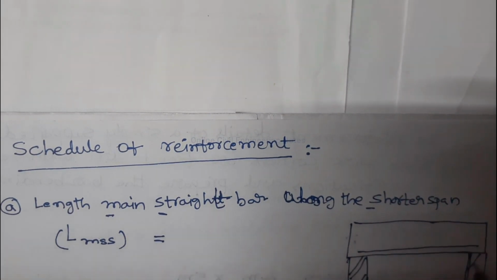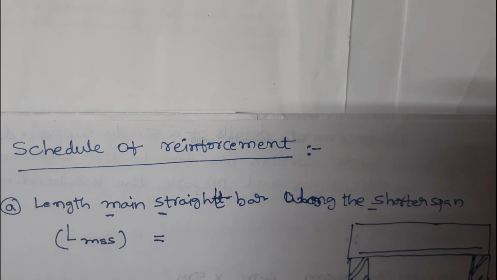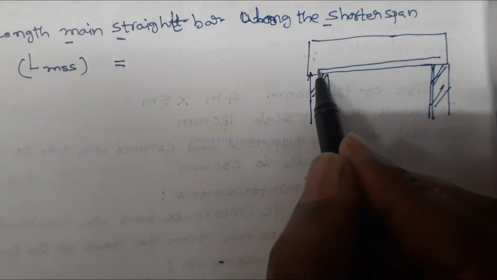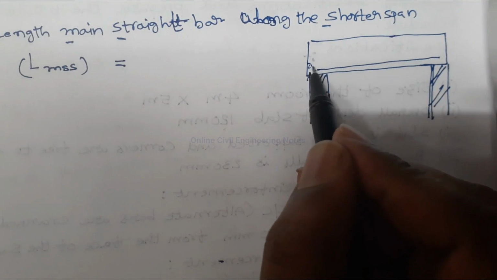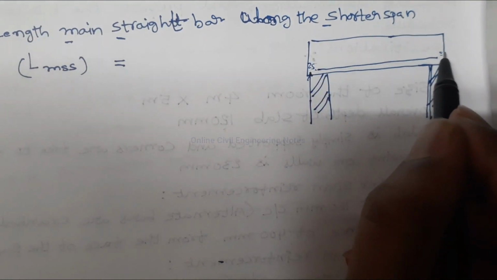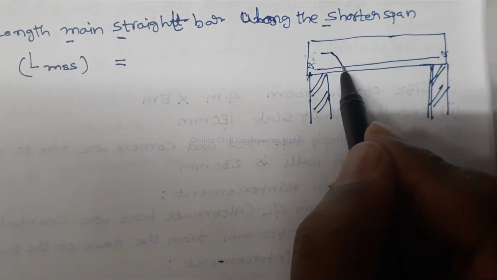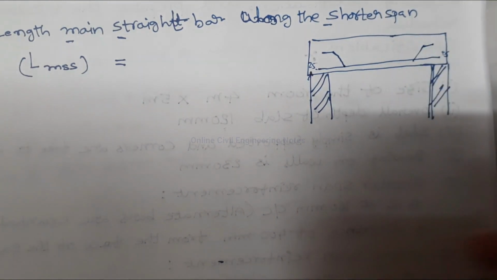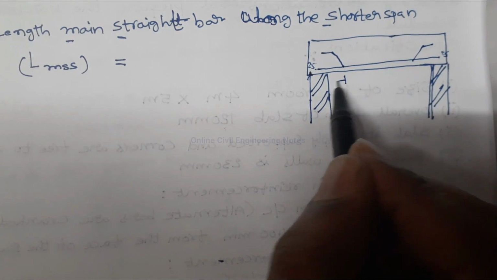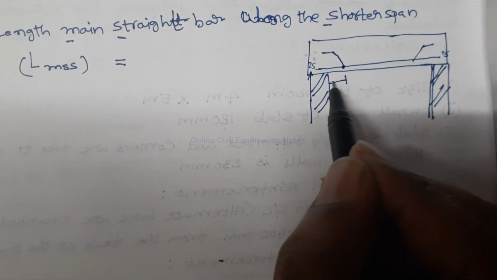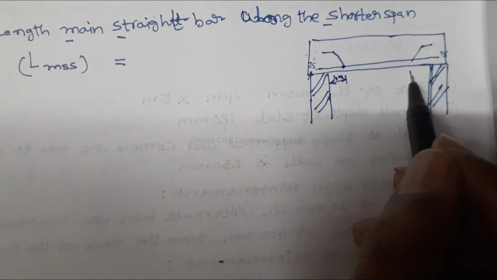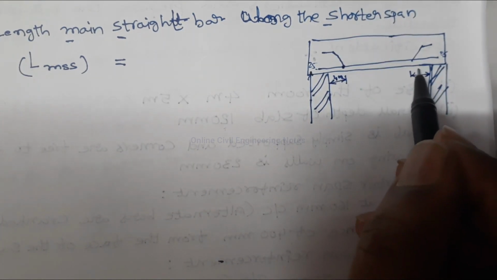These are the supports on both sides. The cover on both sides is 25 mm. And alternate crank bars are provided at a distance of 400 on both sides of the supports.